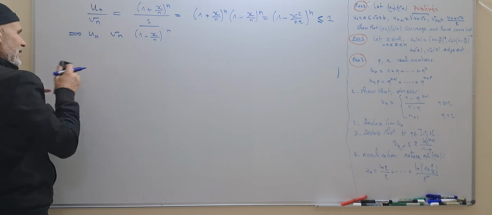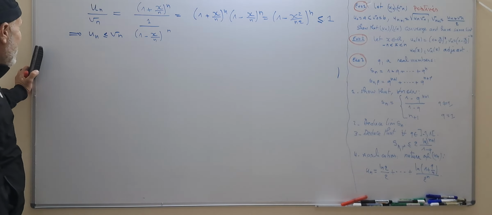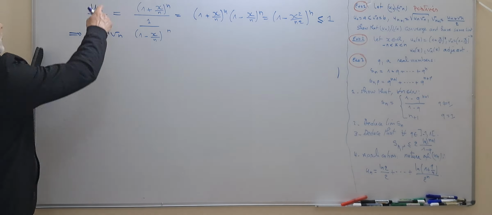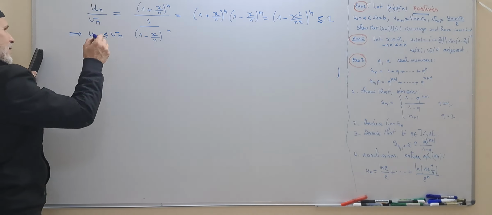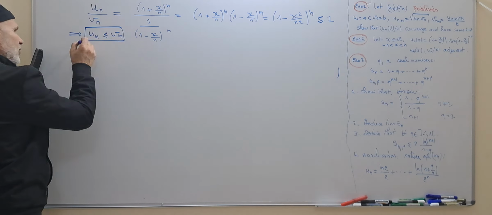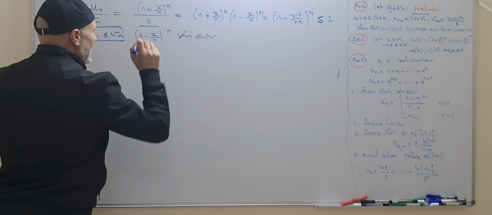So Un is less than or equal to Vn. Why? Because Un divided by Vn is less than or equal to 1. This is the first remark, for all n in N.